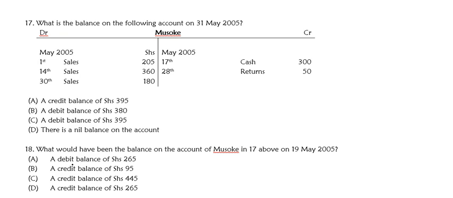So meaning that I can balance this account by inserting a balancing figure on the smaller side. The smaller side is the credit side. So balance carried down. Balance carried down is 395.